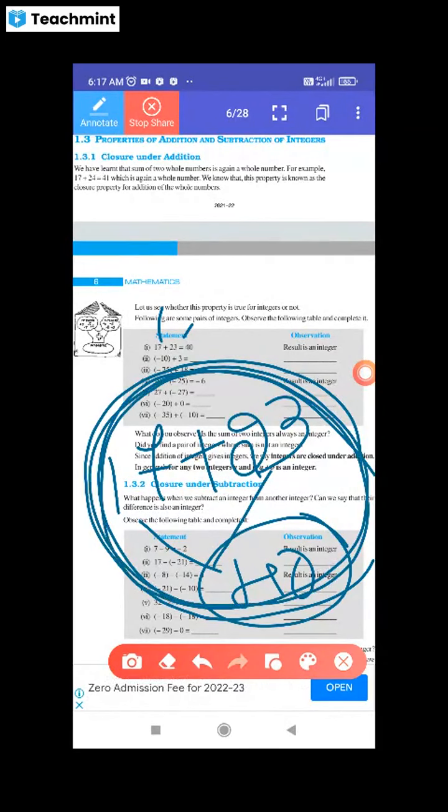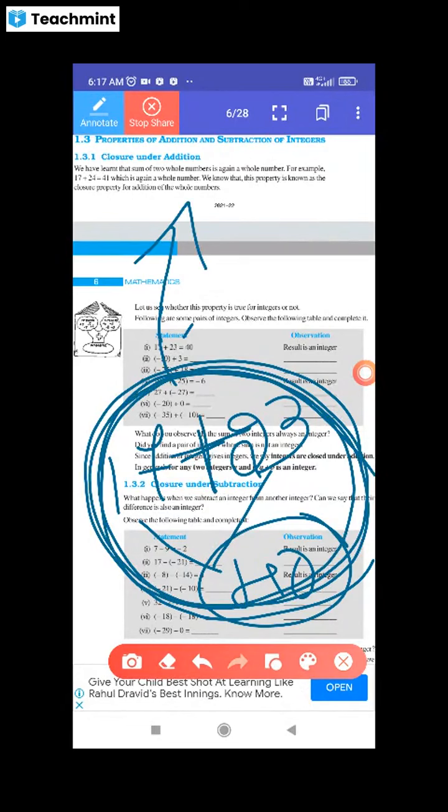All belong to the integers group only. So that's why we can consider it as closure under addition. Understood?